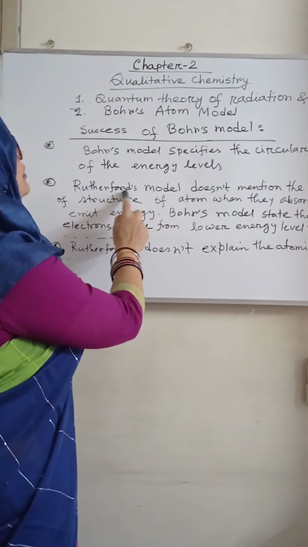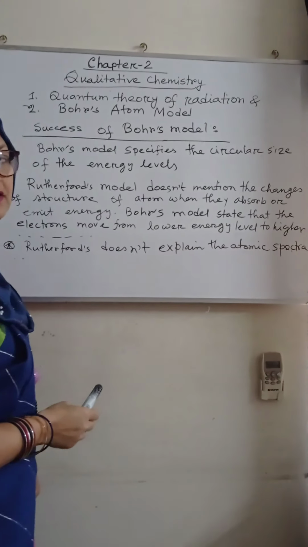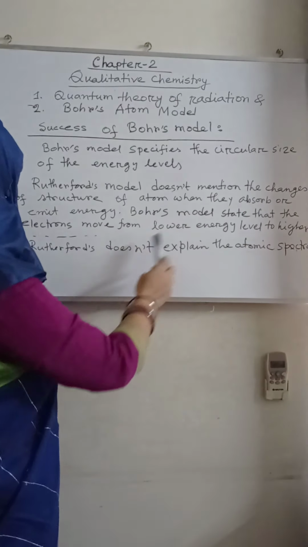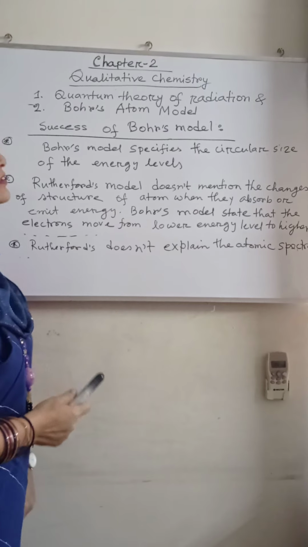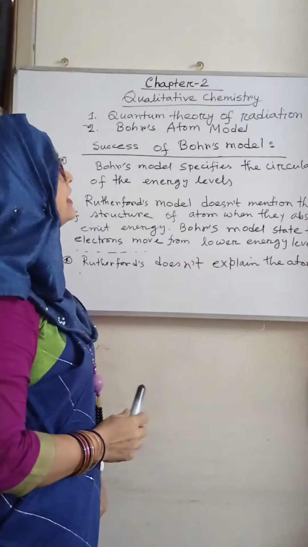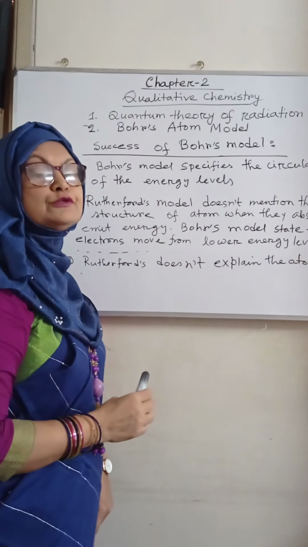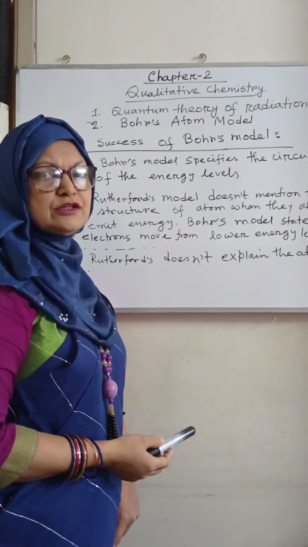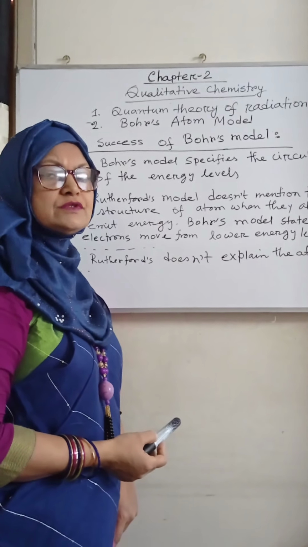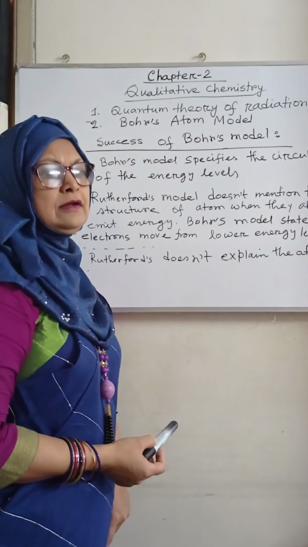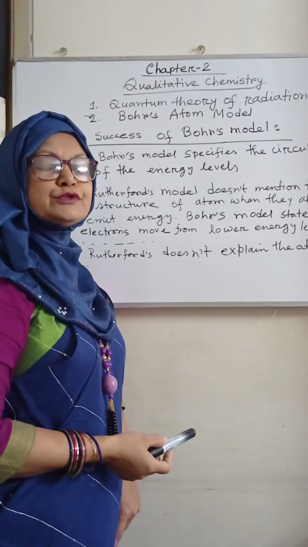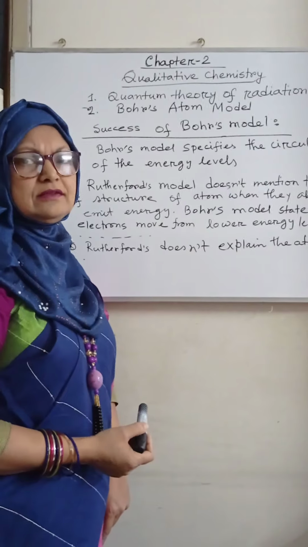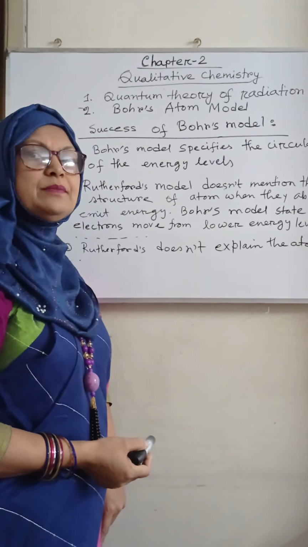Secondly, Rutherford's model doesn't mention the changes in the structure of the atom when it absorbs or emits energy, but Bohr's model states that electrons move from a lower energy level to a higher energy level when they absorb energy, and from a higher to a lower energy level when they emit energy.